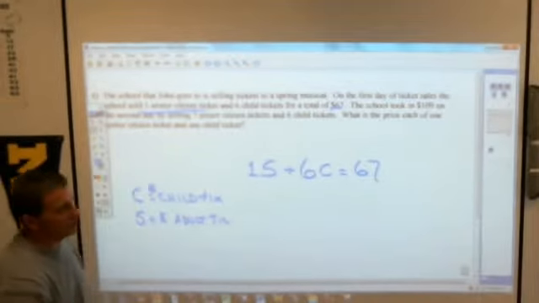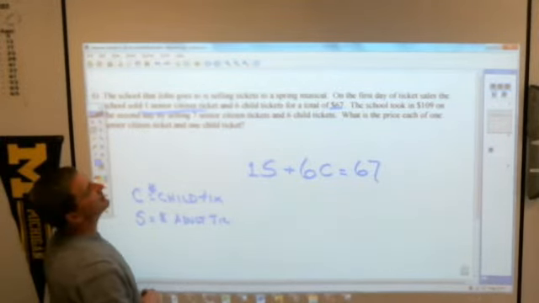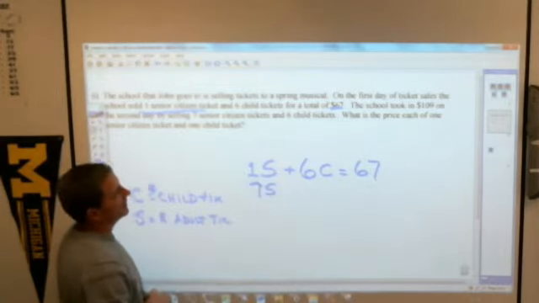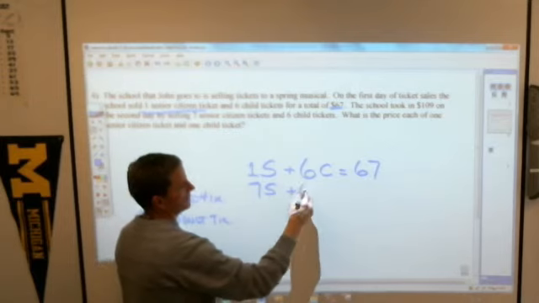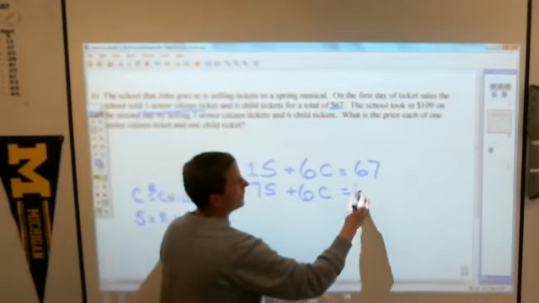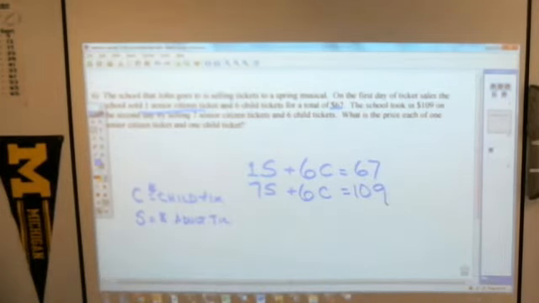There's equation number 1. Equation number 2, I sold 7 senior citizen tickets and 6 child tickets, and my total I took in there was $109. So those are your 2 simultaneous equations.